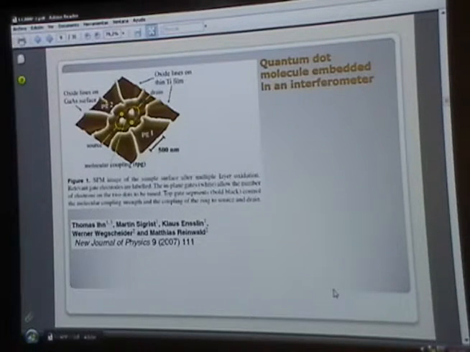In this case, at the interface of the heterostructure, we have a two-dimensional electron gas that is finally confined with these plunger gates or top gates, source and drain top gates.